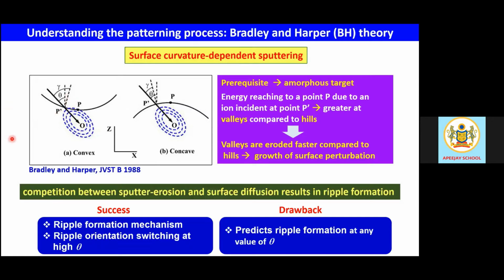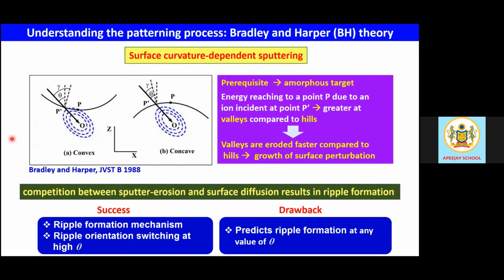But we saw the other day, on many occasions, that up to a certain critical angle the surface doesn't show any pattern formation, and rather remains as flat as the pristine surface to start with. That means not even surface roughening took place because of this competitive process.